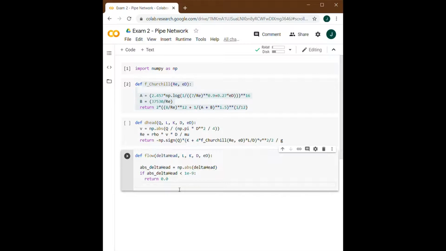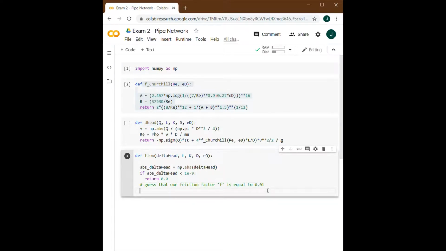So we're going to guess that our friction factor F is equal to 0.01. We're going to guess that the output of this function is going to be about 0.01. The reason we do that is so that we can get it down to one unknown that we can calculate for.